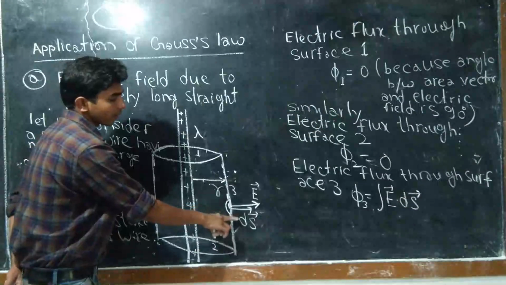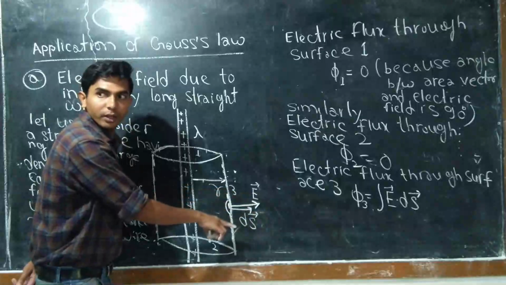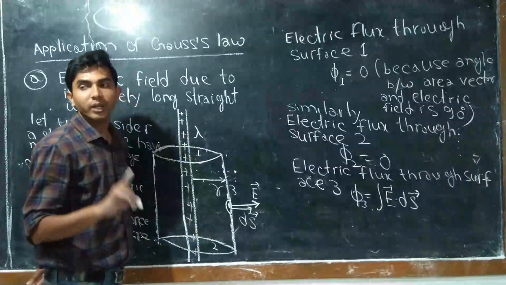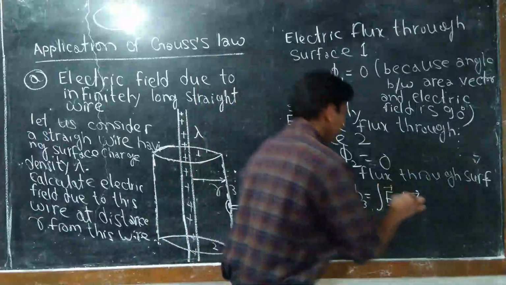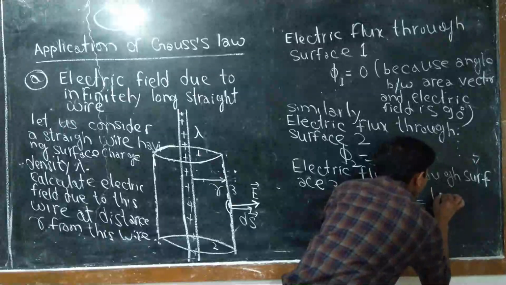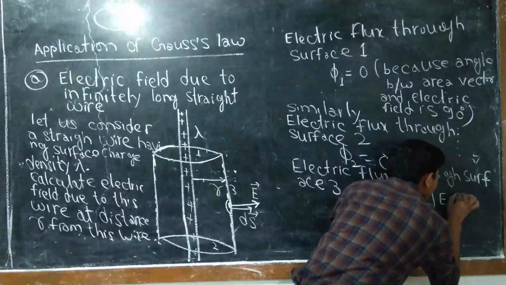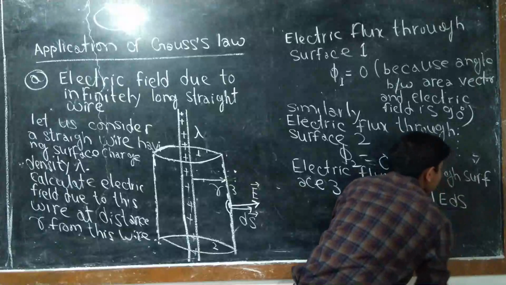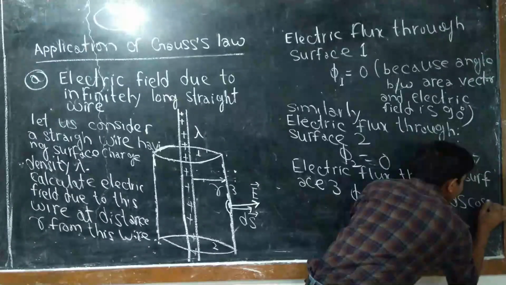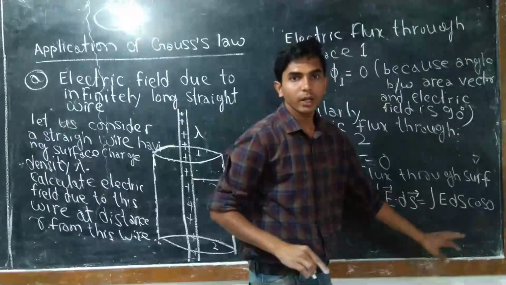You can see here the electric field is in this direction, dS is also in this direction, so the angle is 0. So further we can write E dot dS cos 0.